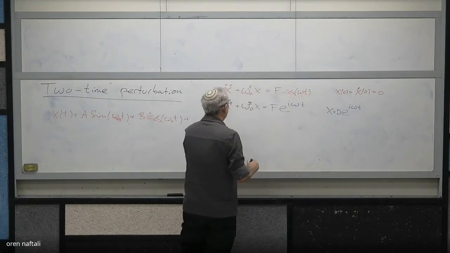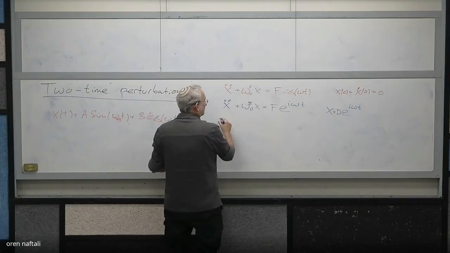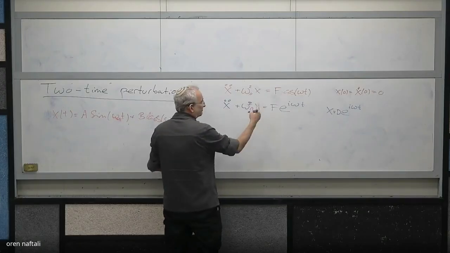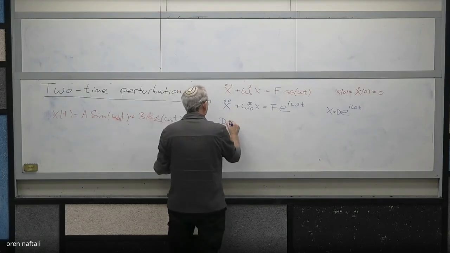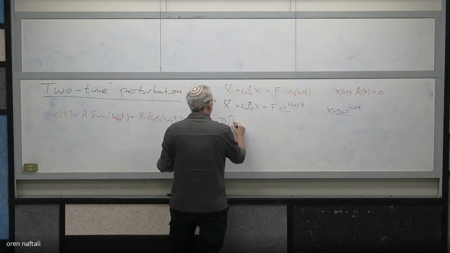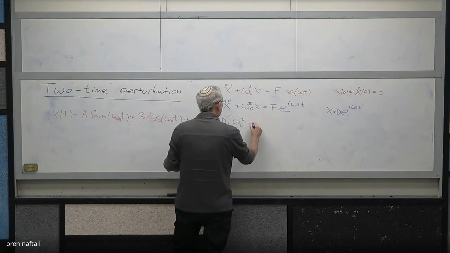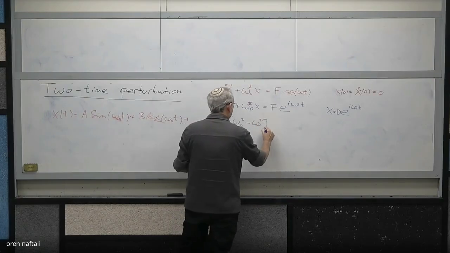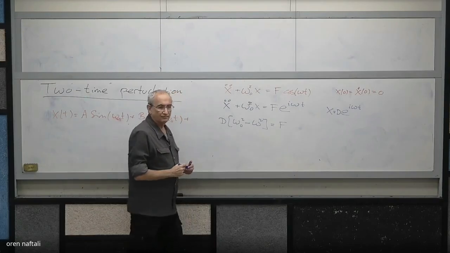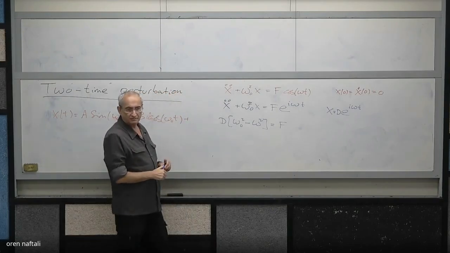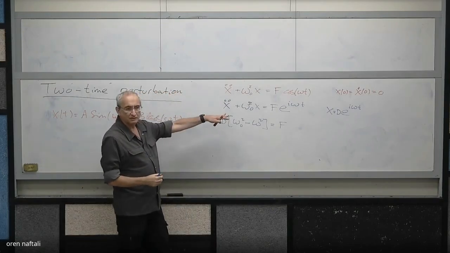And this will give us, so now every derivative is just taking i omega out, so this will give us d times omega naught squared minus omega squared equals f. You see? And the e to the i omega t cancels out.